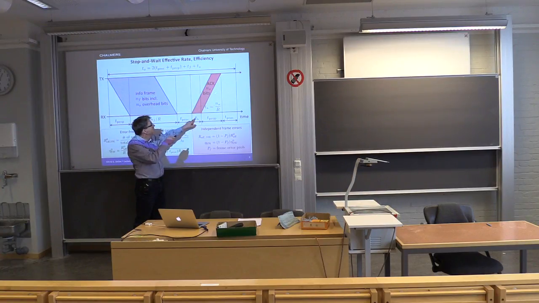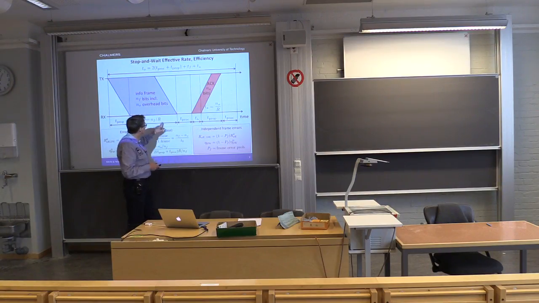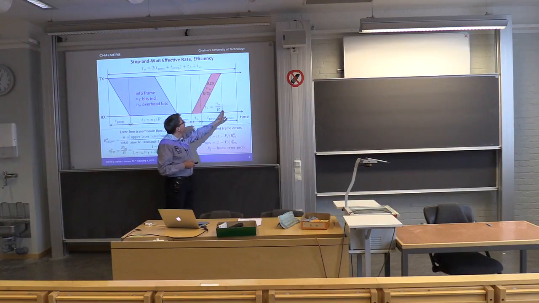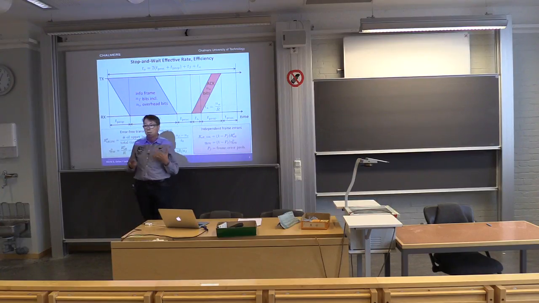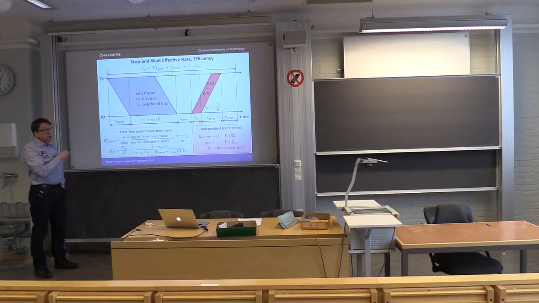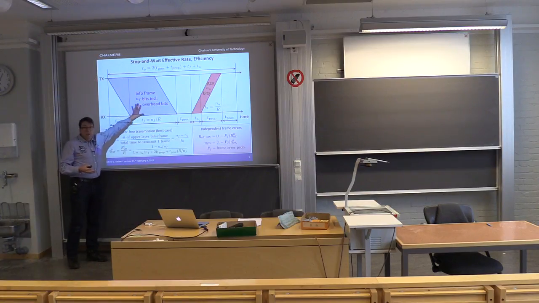If this is NA bits, it takes TA seconds to transmit, and TA is simply NA divided by the rate again. Then at this point in time, the transmitter starts to process the control frame, and if everything went well, the transmitter knows that this frame has been successfully delivered. Then it can repeat this process.